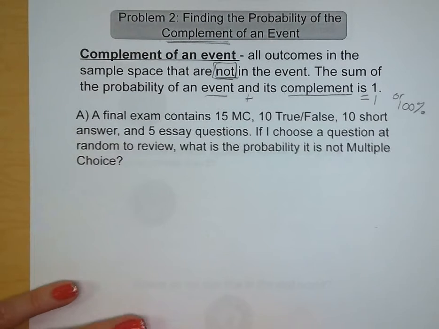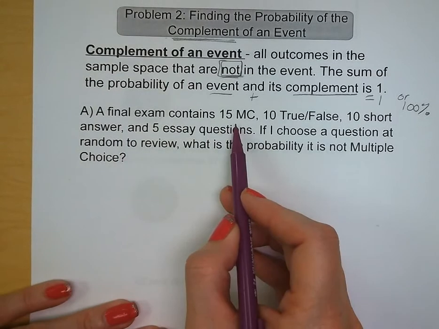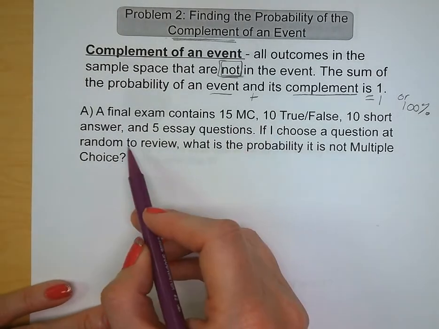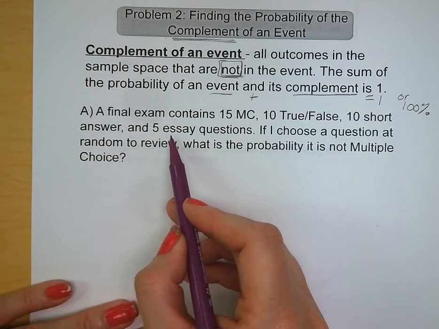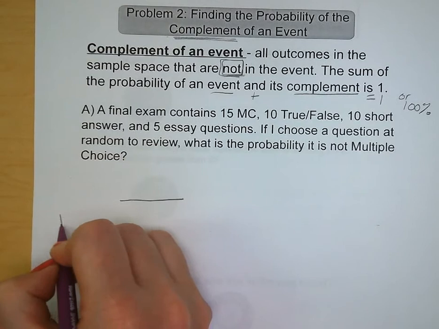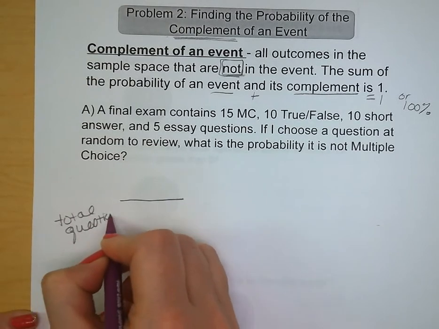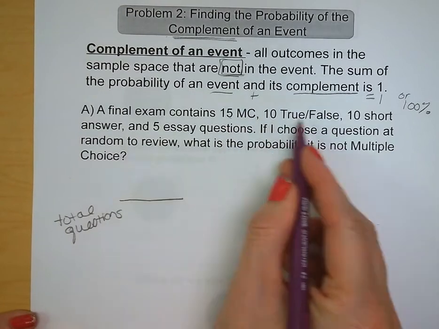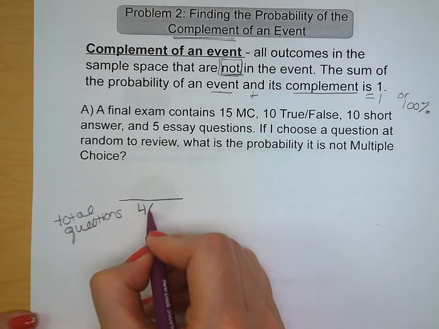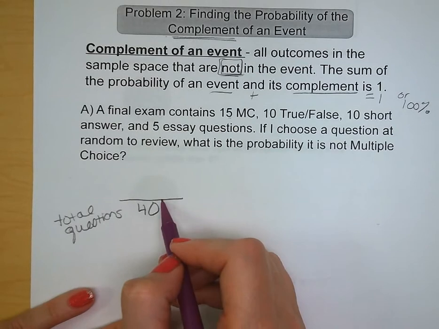So we have a final exam containing 15 multiple choice questions, 10 true false, 10 short answer, and 5 essays. If I choose a question at random to review, what is the probability it is not multiple choice? So our total number of questions, we add those up, 15 plus 10 plus 10 plus 5, and that's going to be 40. And we want to know what is the probability it is not multiple choice.